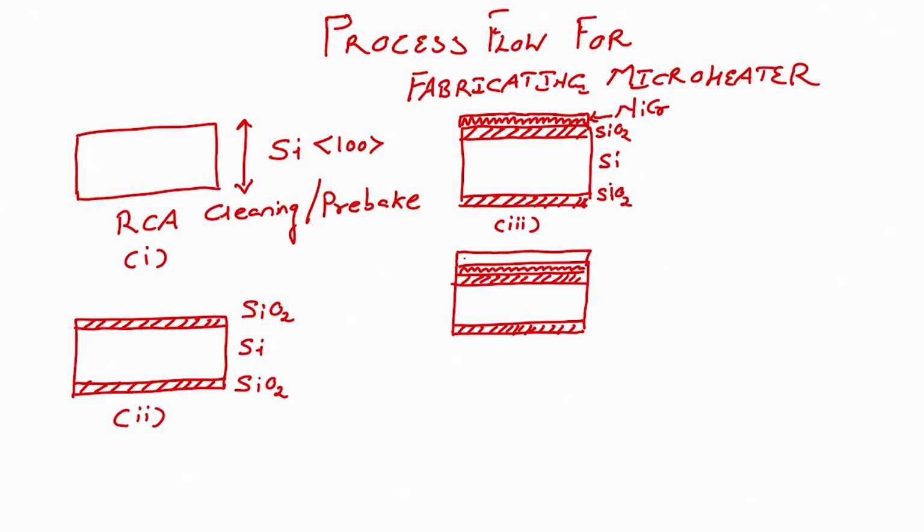We show photoresist by a dotted pattern so that we can distinguish between different patterns. This is your photoresist, then your nichrome, then your silicon dioxide, then silicon, then silicon dioxide. After spin coating photoresist, what do you have to do? We have to perform soft bake.